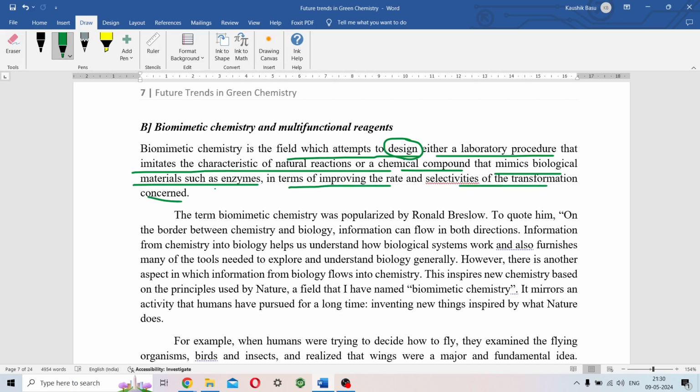But there are two aspects of it. You can either design a laboratory procedure which mimics the natural reaction, or you can design a chemical compound. That compound may be a simple compound or maybe even a very large macromolecule that mimics biologically active materials such as enzymes in terms of improving the rate and selectivities of the concerned transformation.